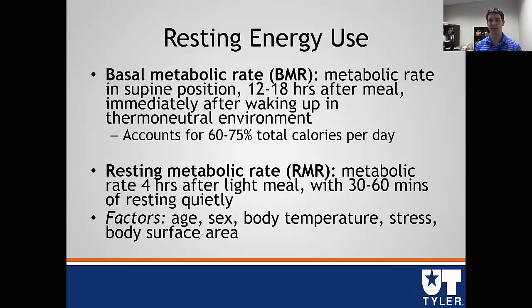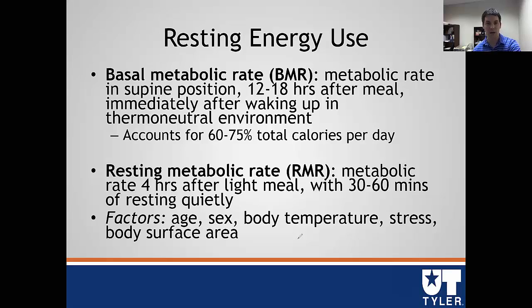So what are the exact mechanisms? One is body mass. If you have more muscle, you're going to have a higher resting metabolic rate because of its ATP usage. With age, it goes down because we lose muscle mass. In sex, males are higher than females because we have more muscle mass. Body temperature relates to the rate at which the enzymes work.